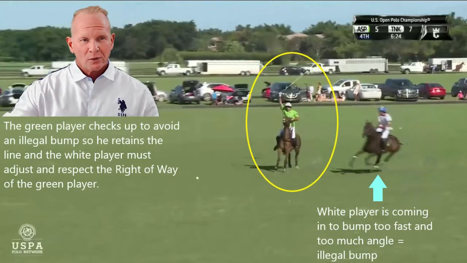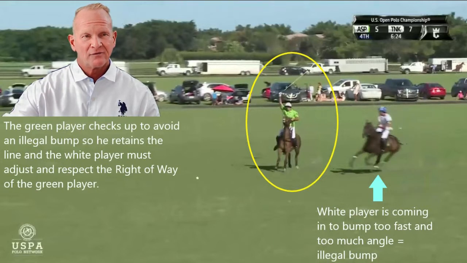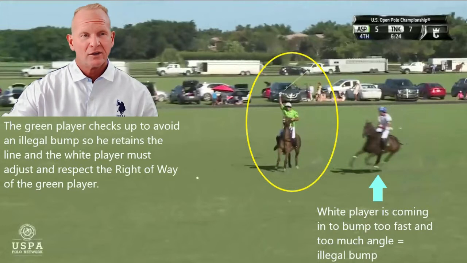If you are checking out of a legal bump, somebody's coming to bump you on your left side, and you have the ball on your right side, and you hit it forward, and you have the right of way, and you're on the line of the ball, and somebody's coming in to bump you. If that player is coming in for a legal bump, shoulder to shoulder, 45-degree angle or less, similar speeds, and you check up, that player can go ahead in front of you and play the ball because you checked out of a legal bump.